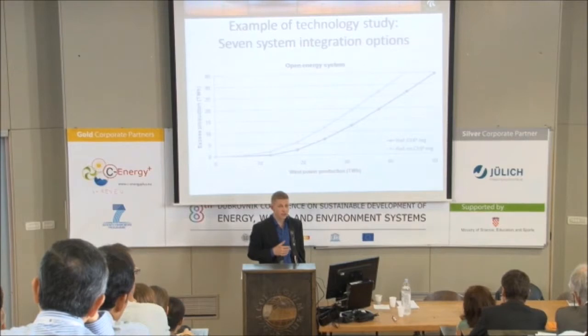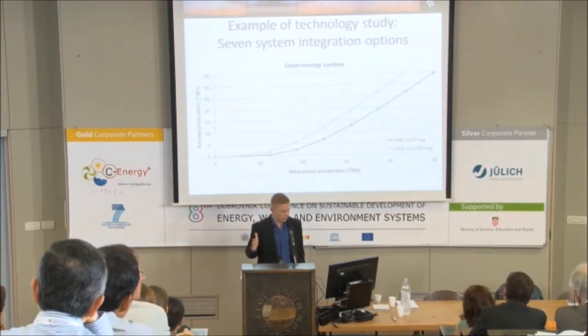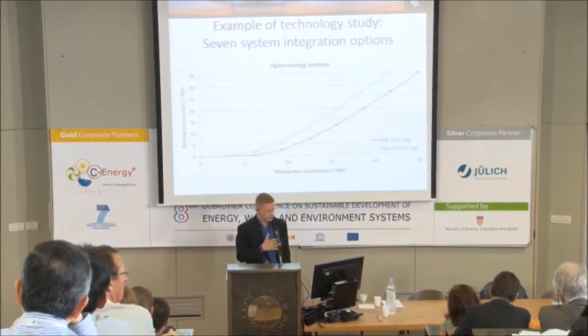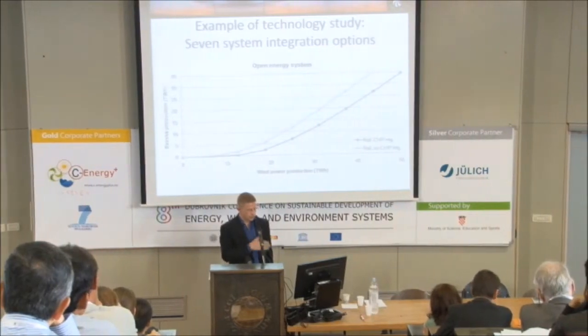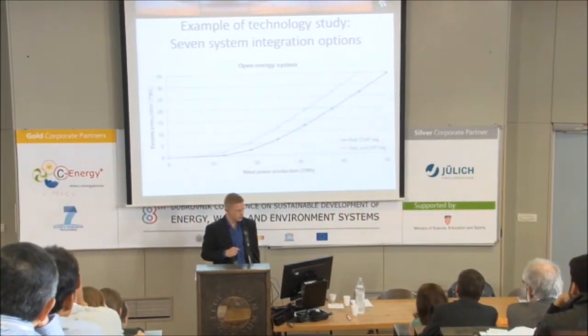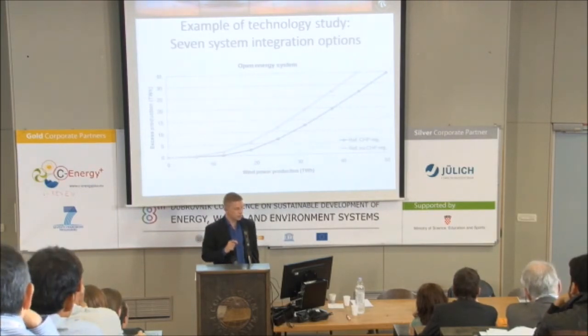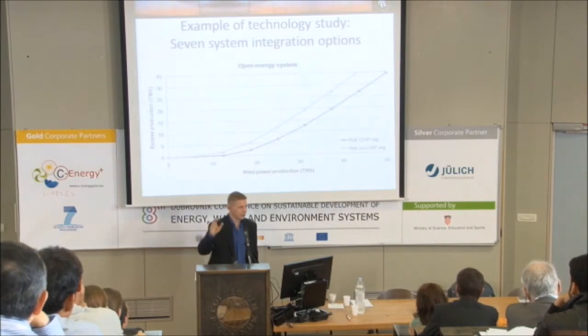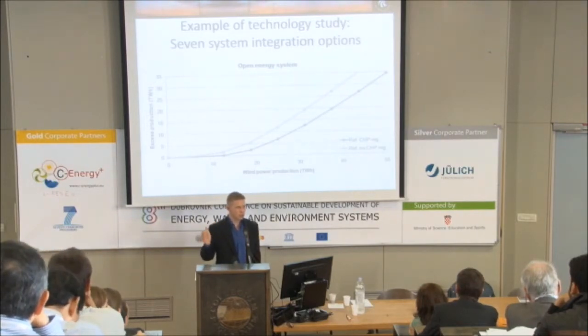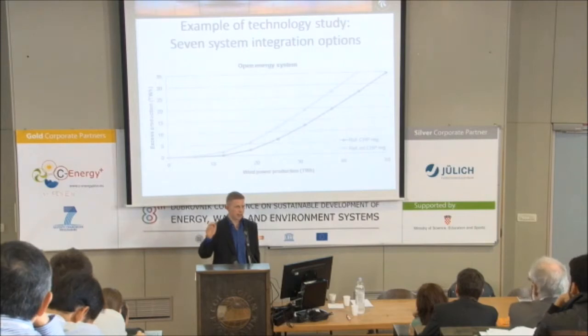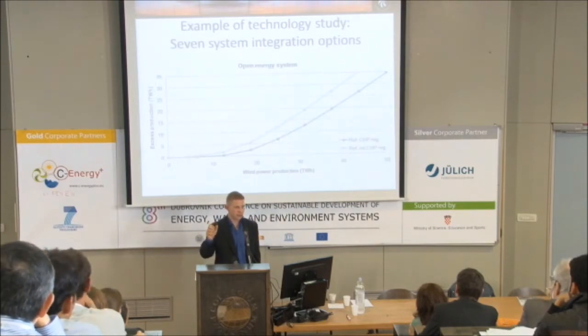On the x-axis you see an increasing amount of wind going from 0 to 50 terawatt hours, or 0 to 100% of the electricity supply. And on the y-axis you see the excess electricity production, so meaning when we put in a bit more wind, how much do we have to curtail? How much can the system adopt?